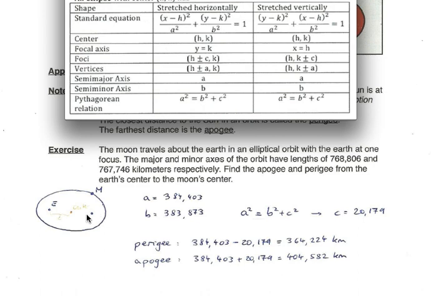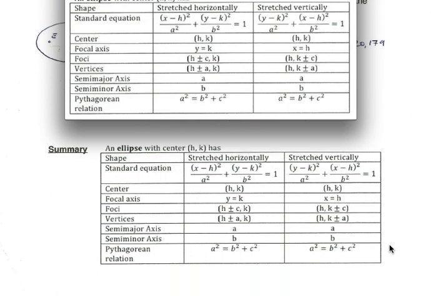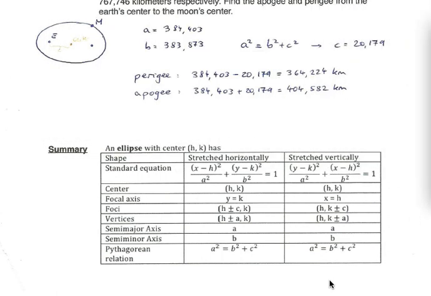This from here to there will be A. It's half the major axis, and we have to add C, the 20,000. So the largest distance between the Earth and the Moon is 404,582 kilometers.